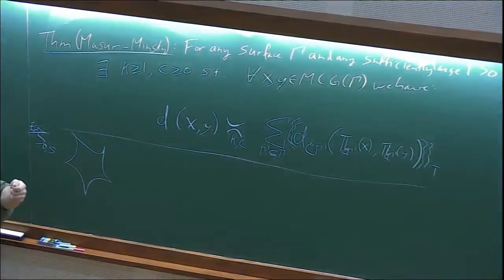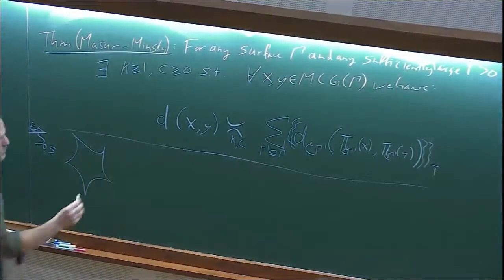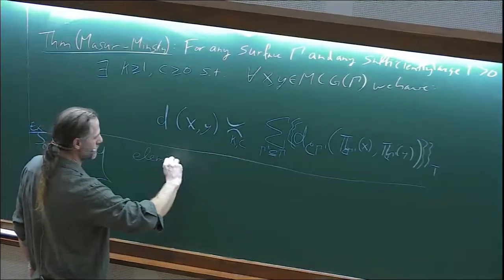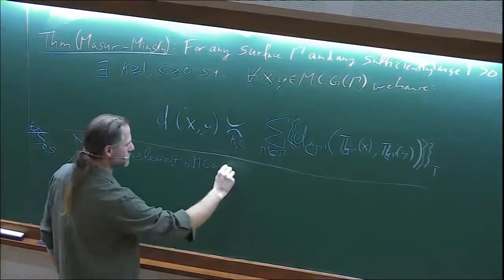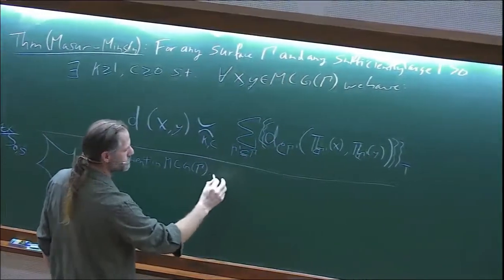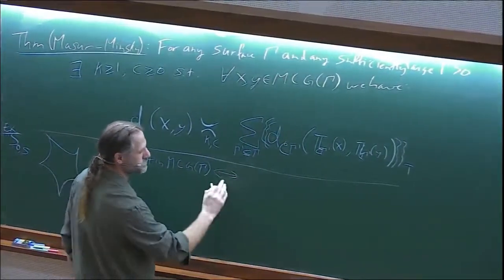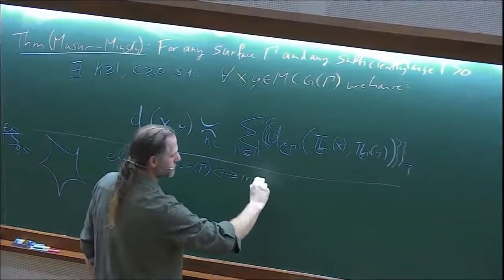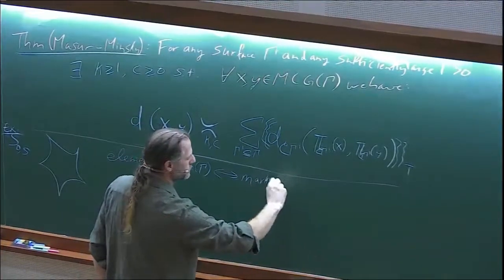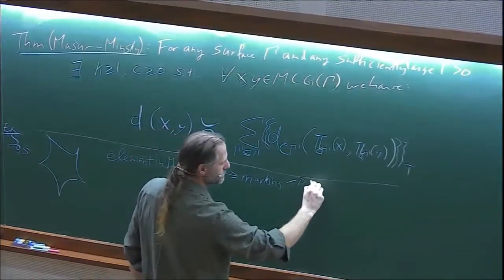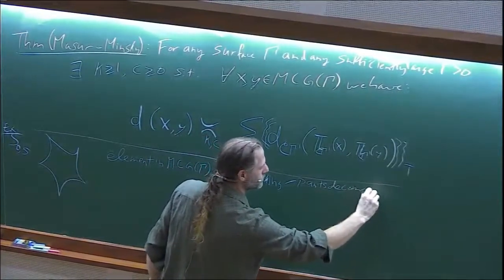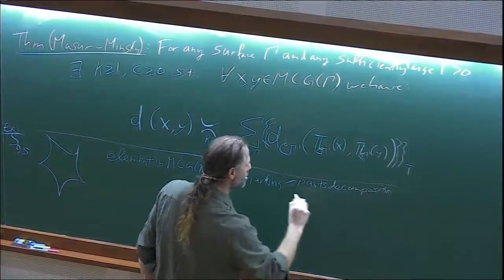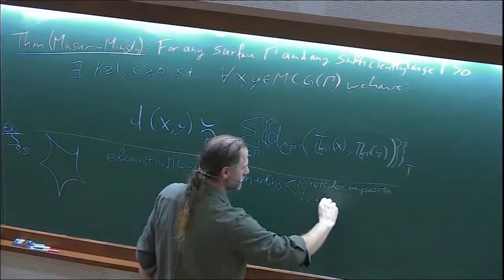So remember, an element in the mapping class group of S, or I guess I'm saying gamma now, corresponds to a marking, where a marking consisted of a pants decomposition and then some transverse data.